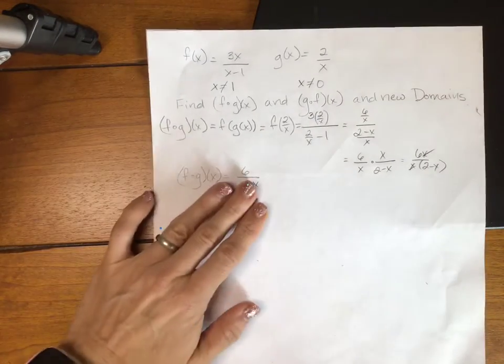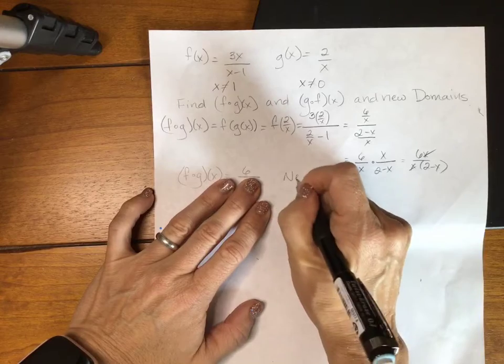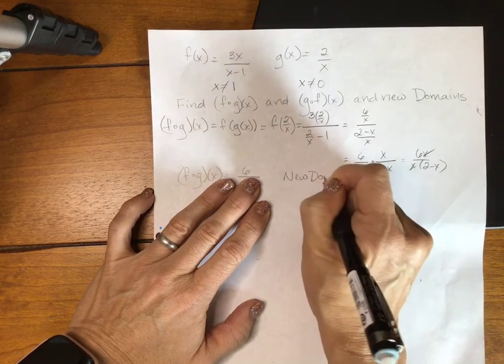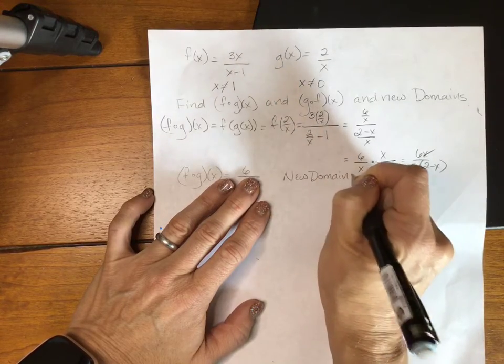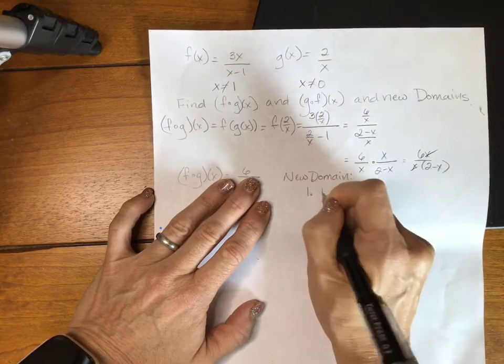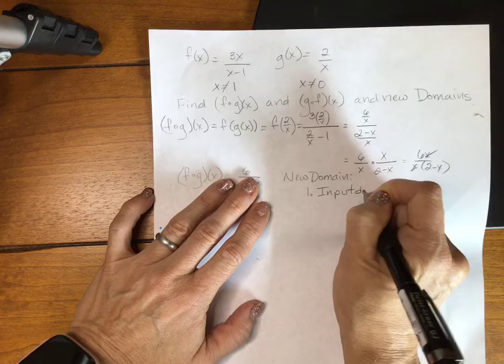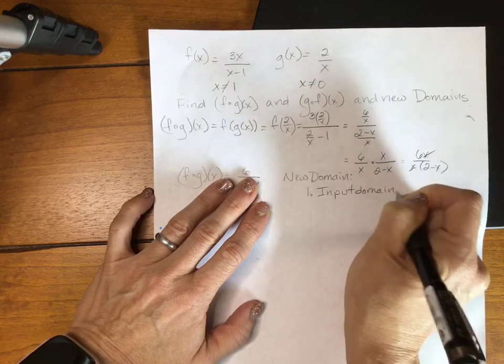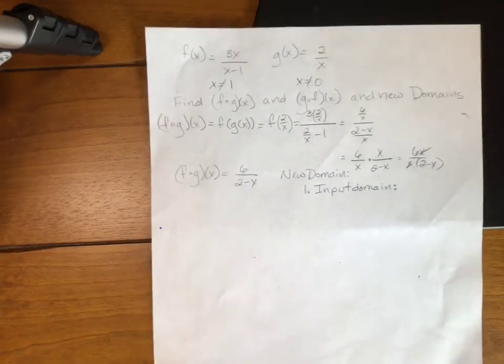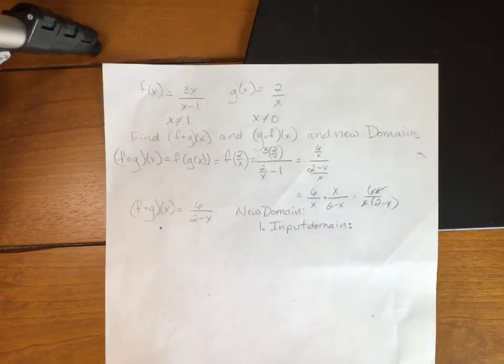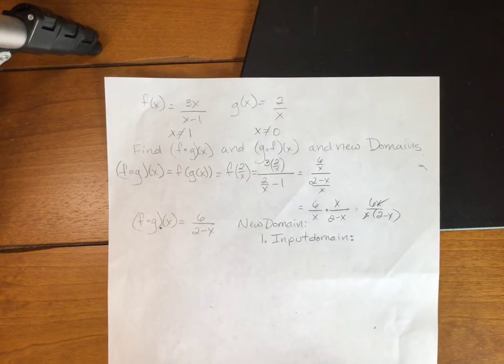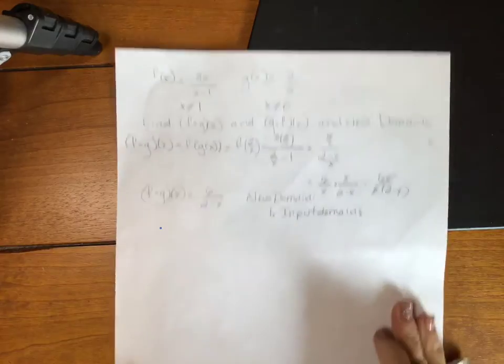Now, new domain. Remember, new domain, 2 important points. 1, the input domain. And my input domain, in this case, was function g, so x cannot equal 0.